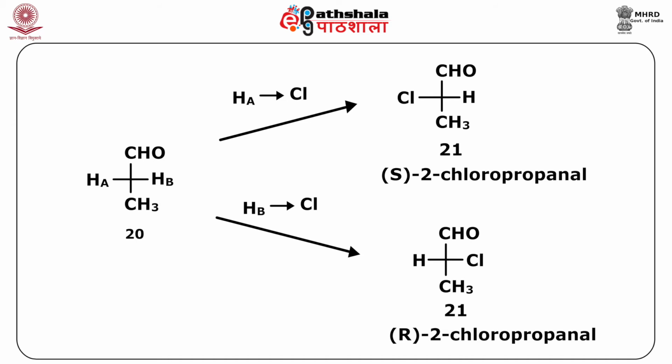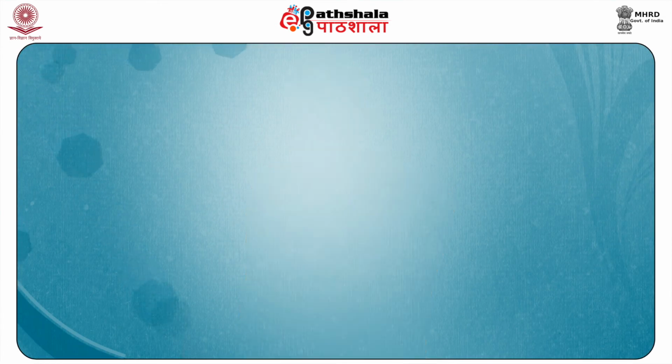The ligands HA and HB are heterotopic or enantiotopic in nature. Now, you can see here the heterotopic or enantiotopic ligands in the case of propanaldehyde, that is molecule number 20 in the figure. Having clarified this concept, let us take another example, students.